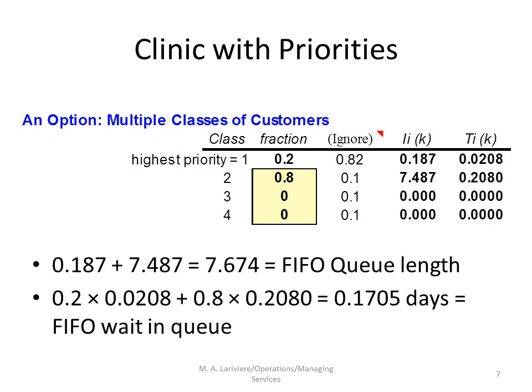If we take a weighted average of the waiting times, 0.2 times 0.02 and 0.8 times 0.2, we end up with an average wait of 0.1705, which is what we had for the first in, first out wait above in the queue. So having priorities doesn't change the overall length of the queue or the average wait of customers. It just treats some people better than others.